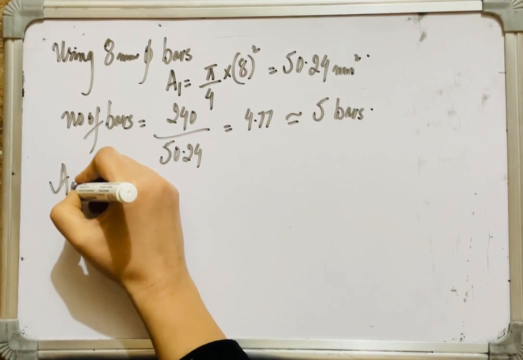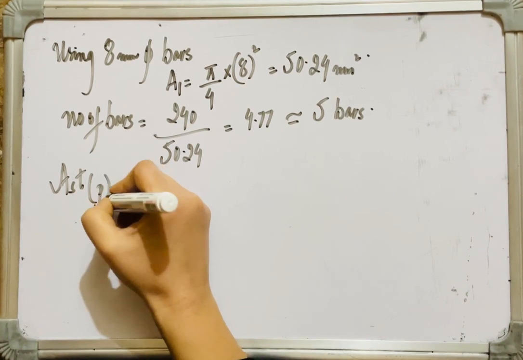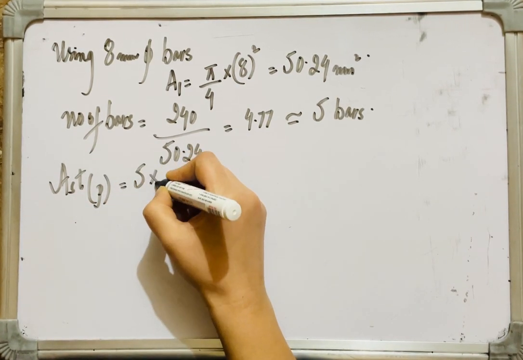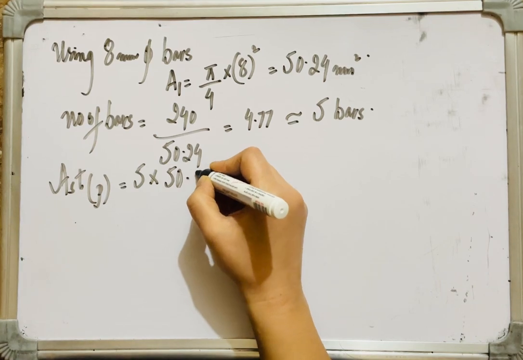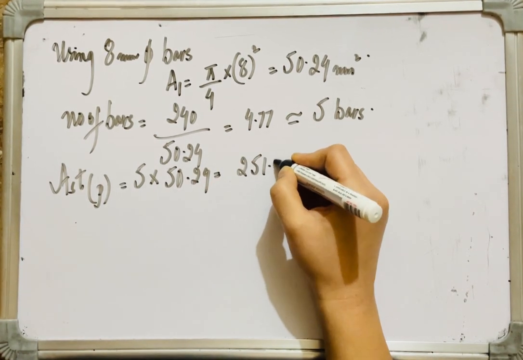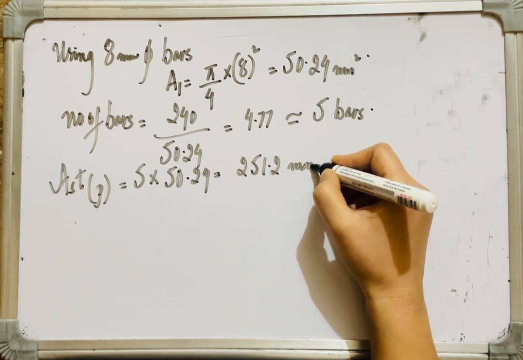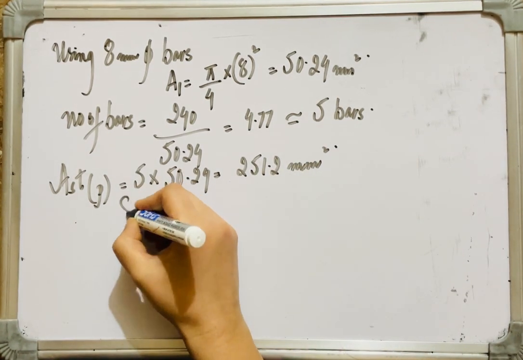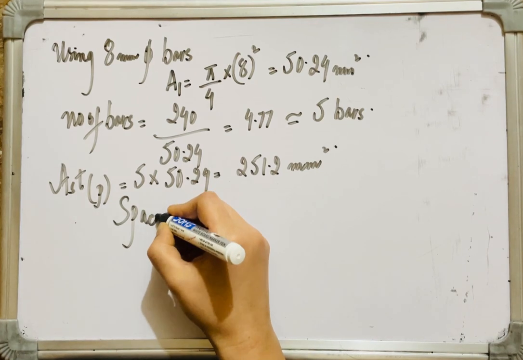तो AST provide कितना किया मैंने, 5 multiplied by 50.24, which is 251.2 mm square as per the calculations. वो spacing क्या रखेंगे इनके दरमियान?